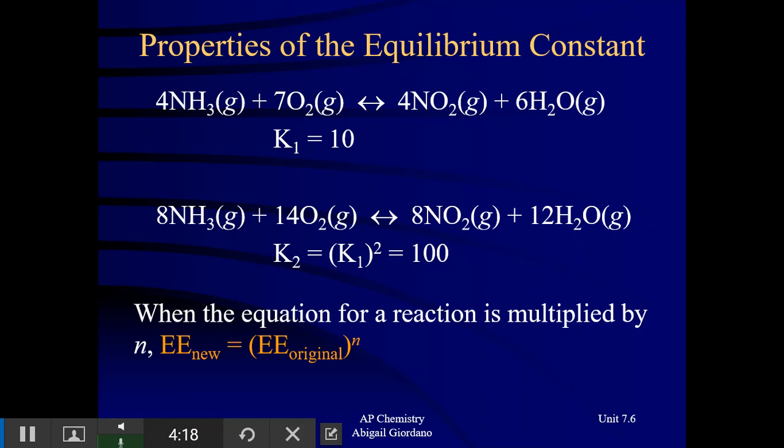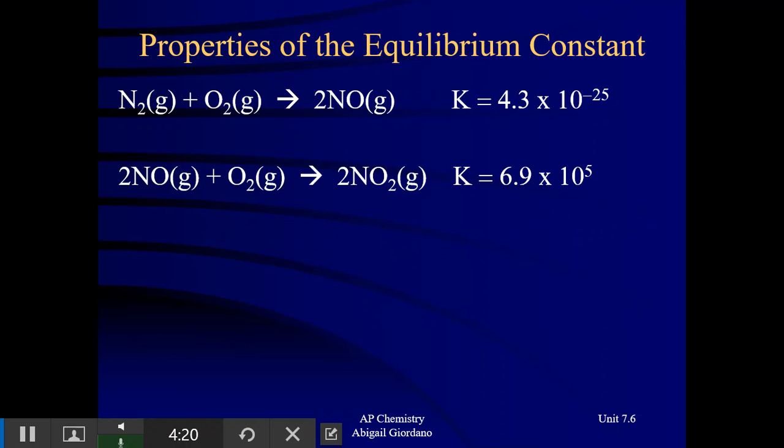Let's look at an example. Let's say we have these two reactions, and let's imagine that I have already manipulated these two elementary steps, and they are the way that I want them to be. Remember, when you add equations together, you can cancel out any substance that is identical on the left and the right of the arrow.